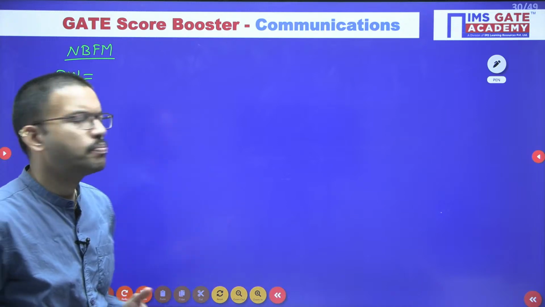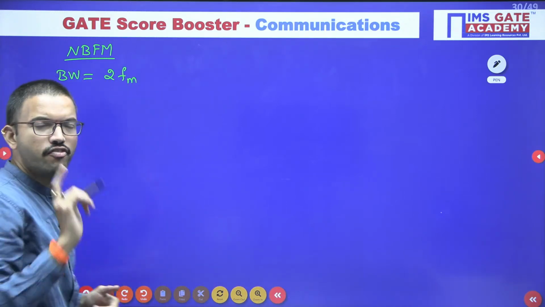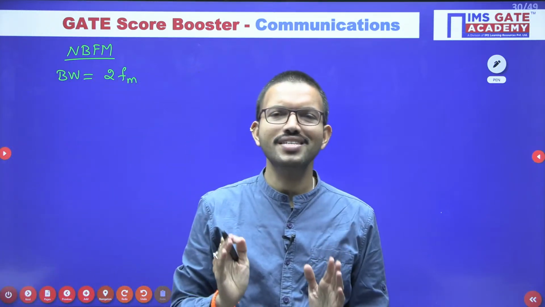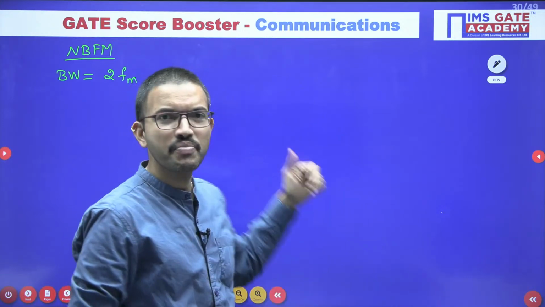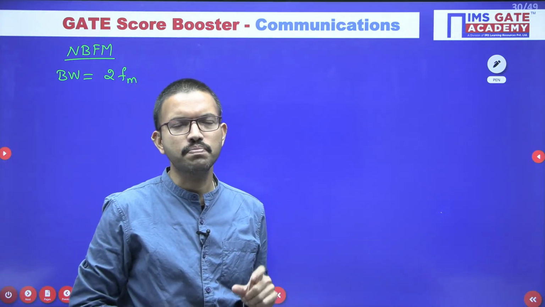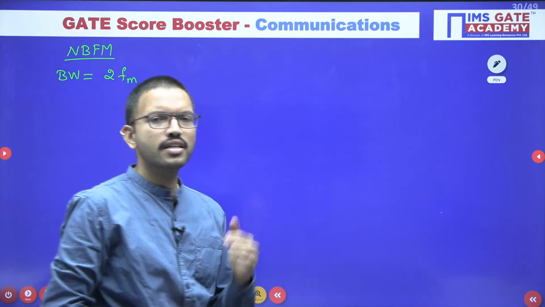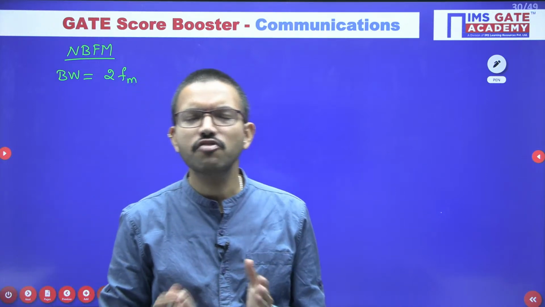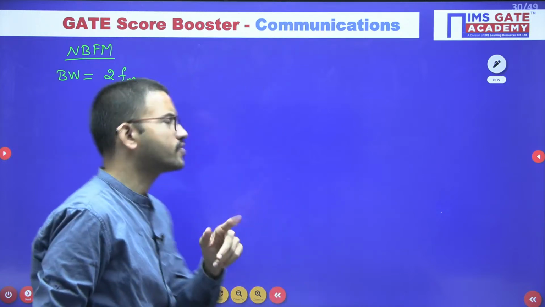Similarly, for the narrow band FM signal also, the bandwidth is 2 FM. The only difference between narrow band FM and AM is, in AM all the impulses have positive values, whereas in narrow band FM, regarding the lower sideband impulse, you get negative signal strength. In other words, regarding LSB, we get 180 degrees out of phase compared to the AM signal. That is the only difference.